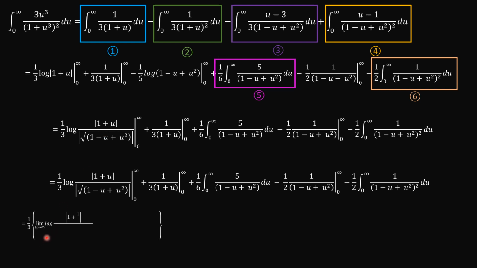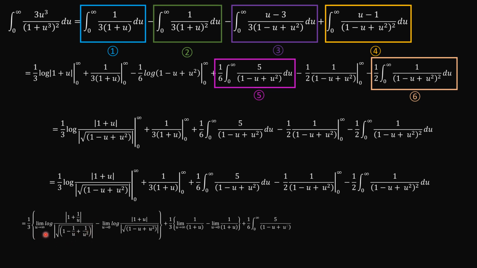limit as u tends to infinity, and by pulling the u squared, the u term out, under the square root sign it becomes squared, and so we are left with 1 plus 1 over u on the numerator, and the square root of 1 minus 1 over u plus 1 over u squared.